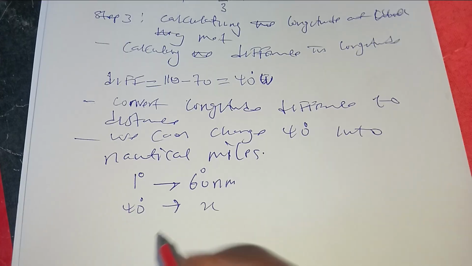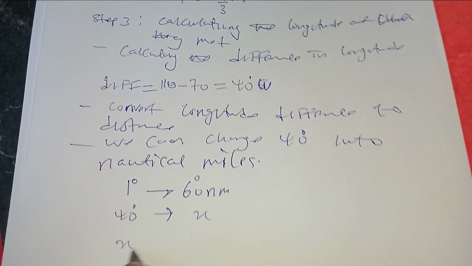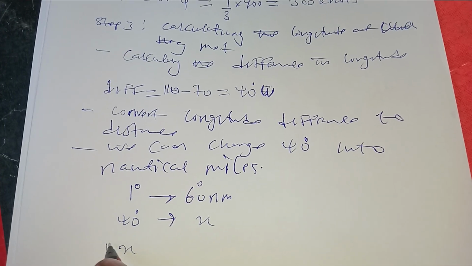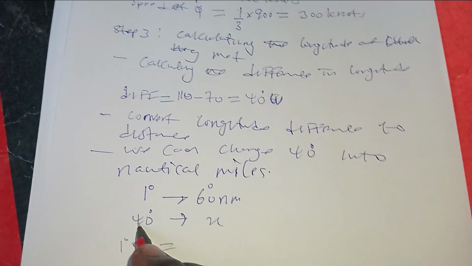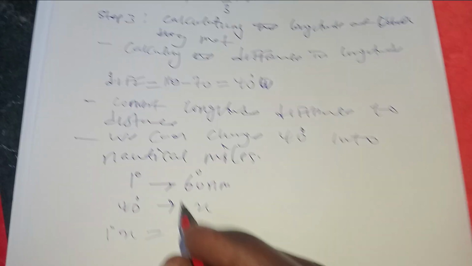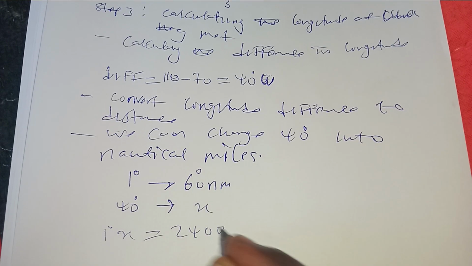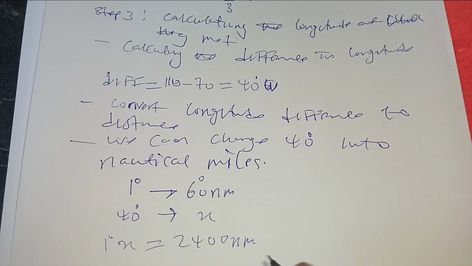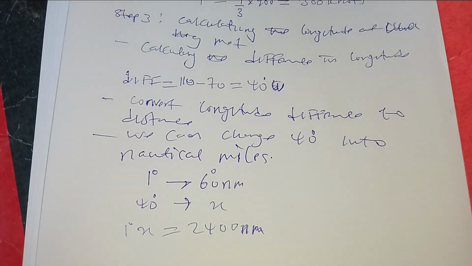So you can change this 40 degrees into distance. Cross multiply: x is equal to 40 times 60, which is equal to 2,400 nautical miles.